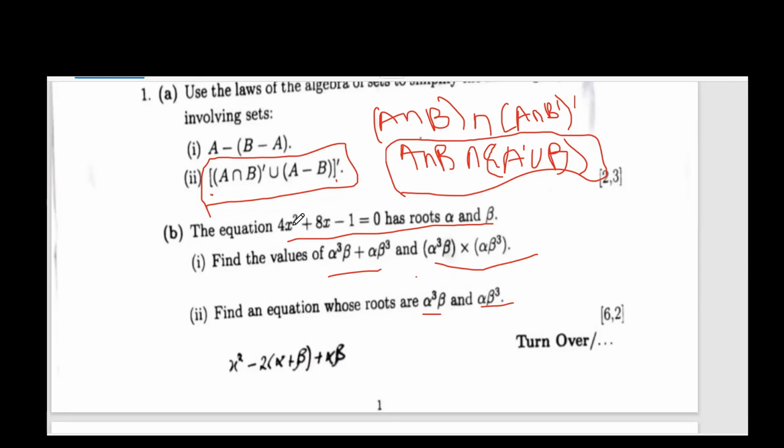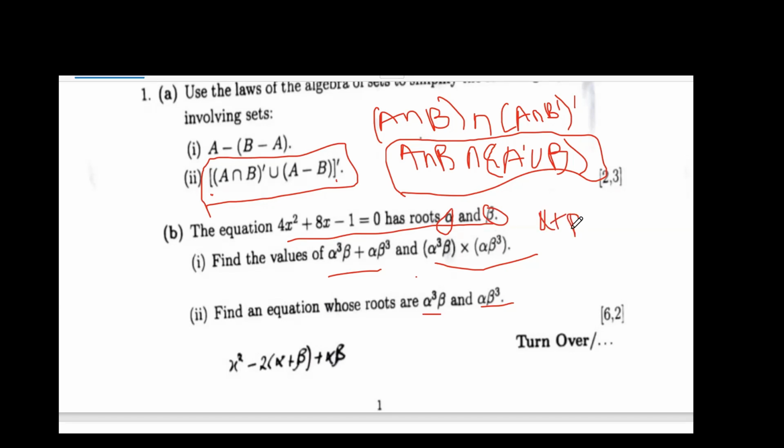So we can see that we have been given an equation here, which is 4x squared plus 8x minus 1 equals 0, which has roots alpha and beta. So we know that the identities for alpha and beta are: alpha plus beta is equal to minus b over a.